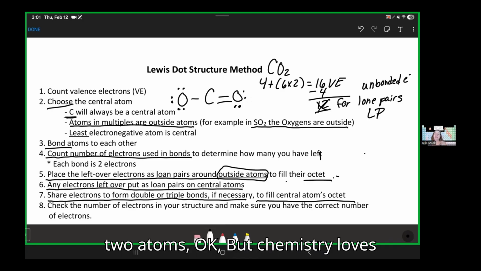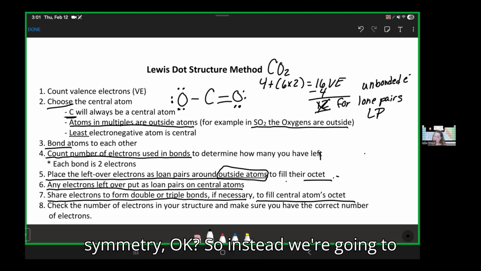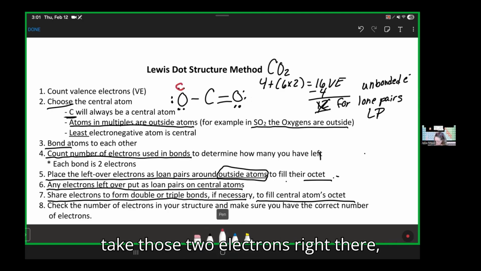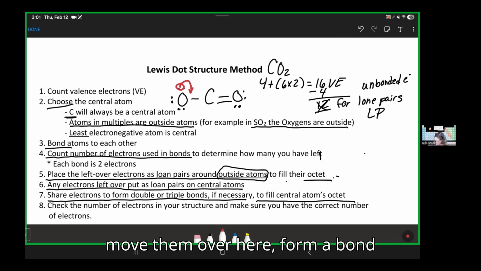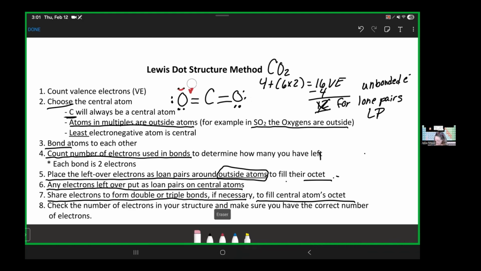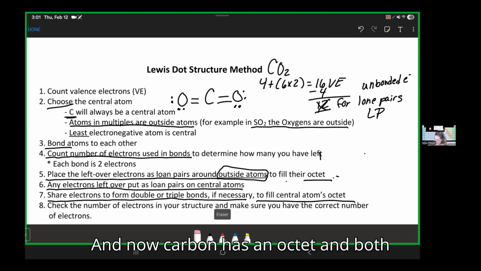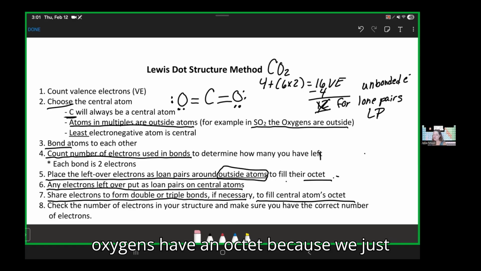But chemistry loves symmetry. So instead we're going to take those 2 electrons right there, move them over here, form a bond there, and now carbon has an octet, and both oxygens have an octet.